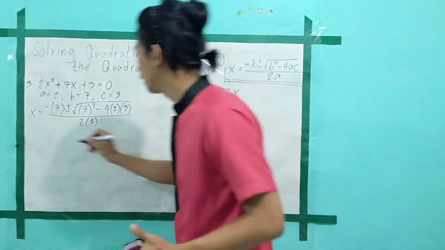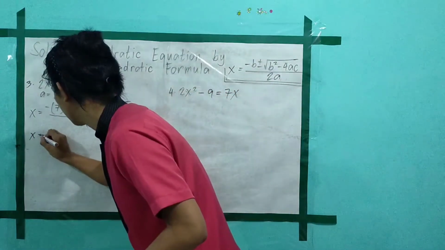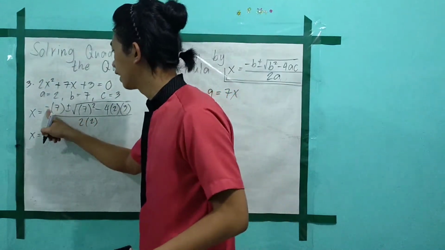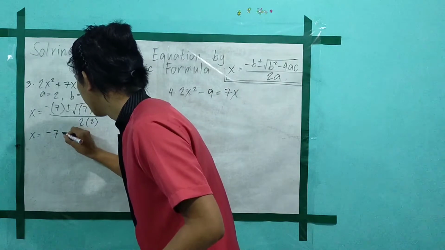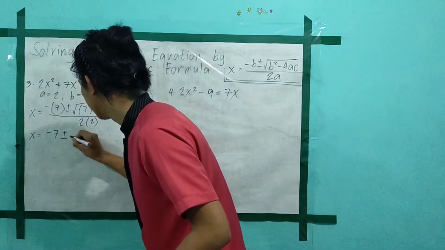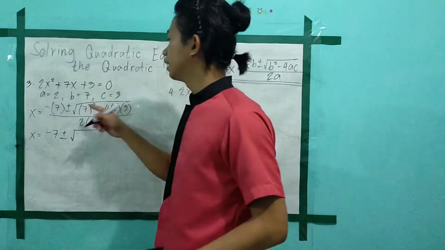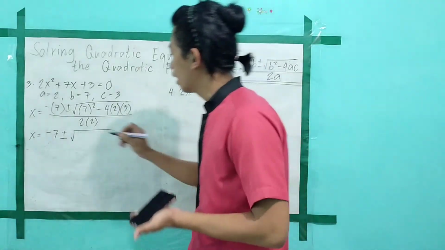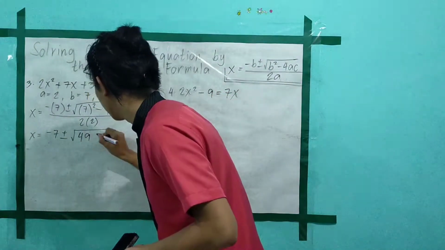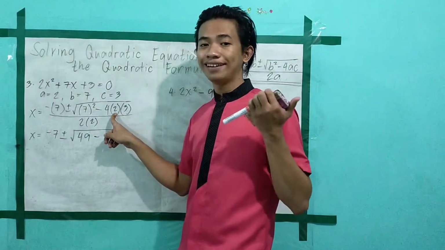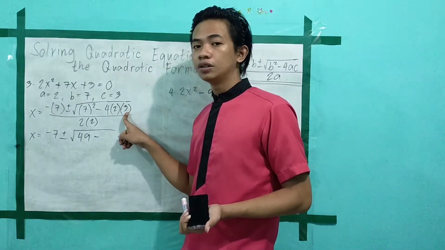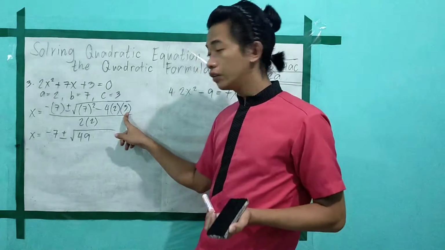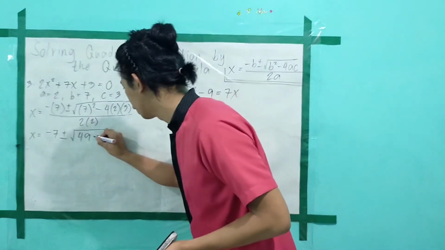Okay, simplify natin. X is equal to negative multiply by 7, we have negative 7 plus minus square root of 7 square, we have 49. Negative 4 multiply by 2, we have negative 8. Multiply by 3, we have negative 24.